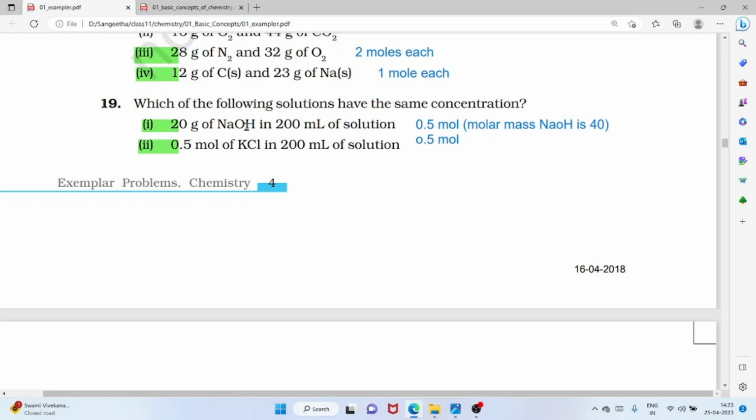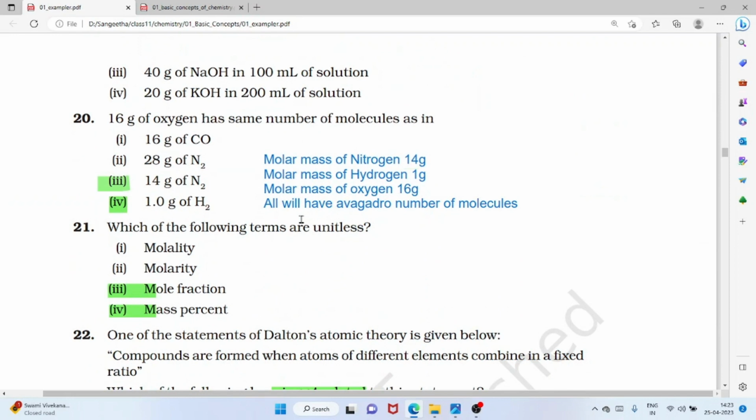So 0.5 mole in 200 ml is also 0.5 mole in 200 ml. 16 gram oxygen has the same number of molecules as, okay, 16 gram oxygen is 1 mole. This is also 1 mole for nitrogen, this is hydrogen for 1 mole. Molar mass of this.